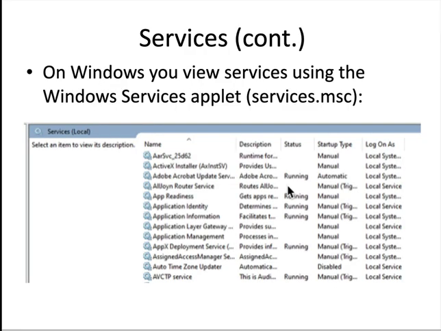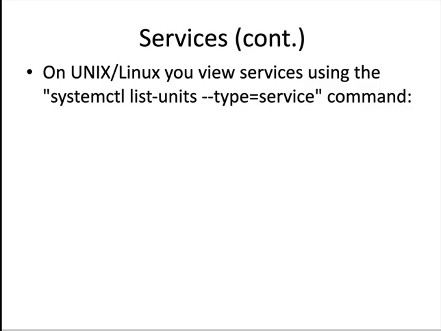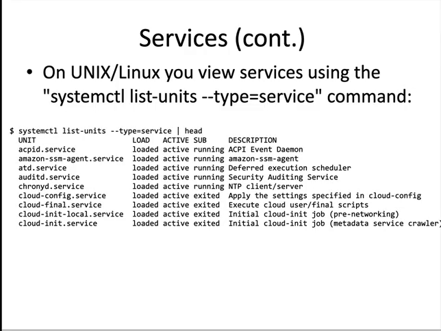So here's an example of a screen grab of a portion of the Windows Services applet running. On Unix, the closest equivalent that we have is systemctl list-units --type=service. If I issue that command on a Unix machine, this is the output I get. So a lot of the same information.